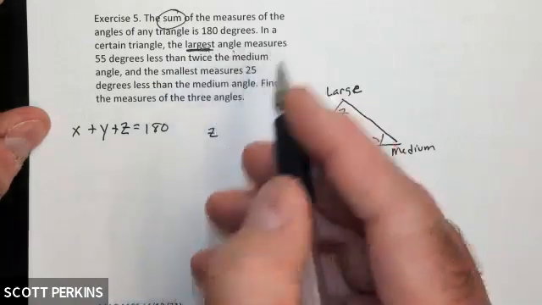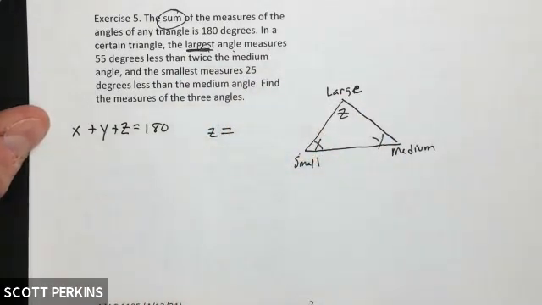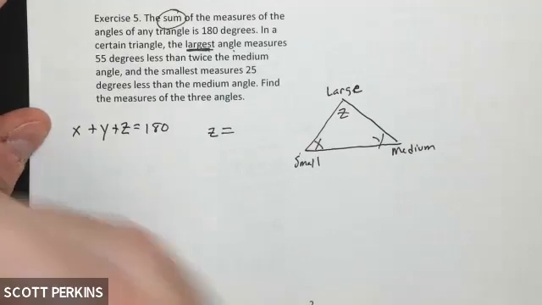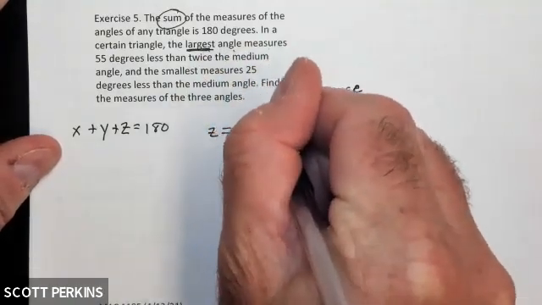The largest angle measures, so the largest angle is going to be equal to 55 degrees less than twice the medium. 55 degrees less than twice the medium. What's the expression for 55 degrees less than twice something? Perfect, good order. So what I heard was 2y minus 55.